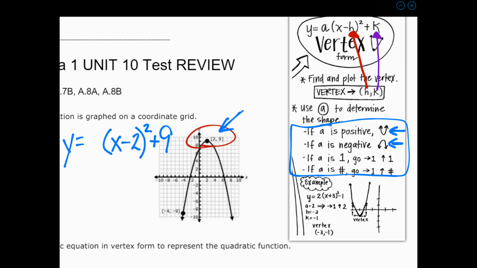So is my a going to be positive or negative? Negative. Okay. Knowing that information, you can probably figure out a multiple choice question without actually knowing what the a is. You can probably use process of elimination to eliminate all but the correct answer. Do we have that in our notes? You do. This page you should have in your notes.